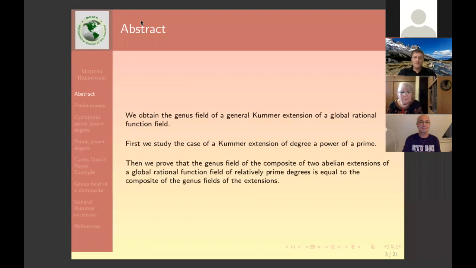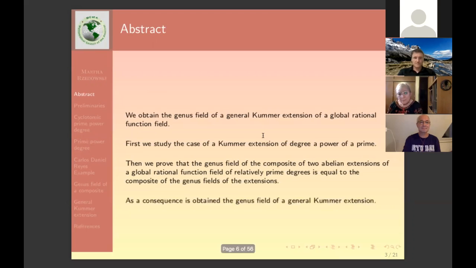Then we prove that the genus field of the composite of two abelian extensions is equal to the composite of the genus fields of the extensions, under the condition that the degrees of the extensions are relatively prime. That's a sufficient condition. And as a consequence, we obtain the genus field of a general Kummer extension. So that's the program.